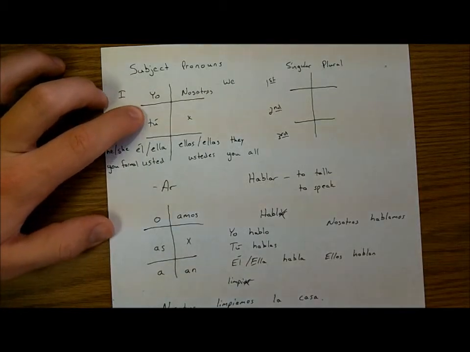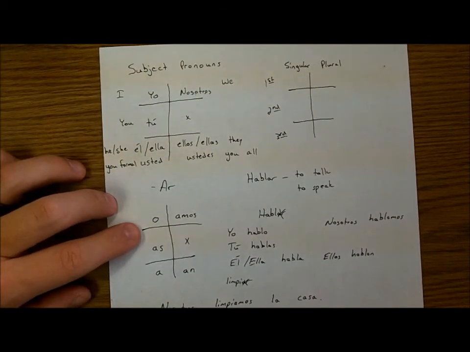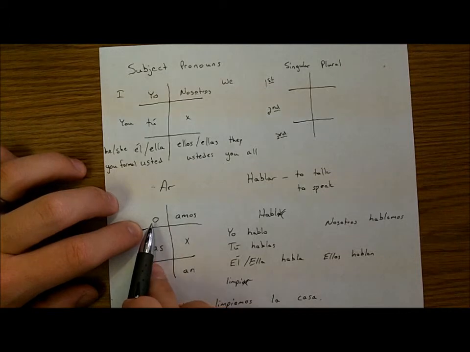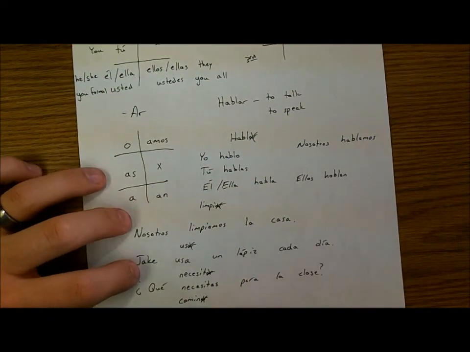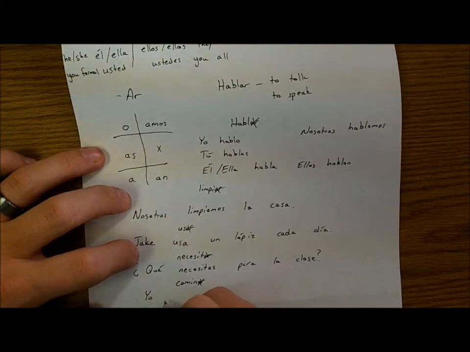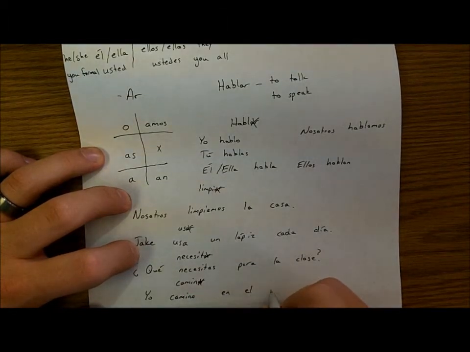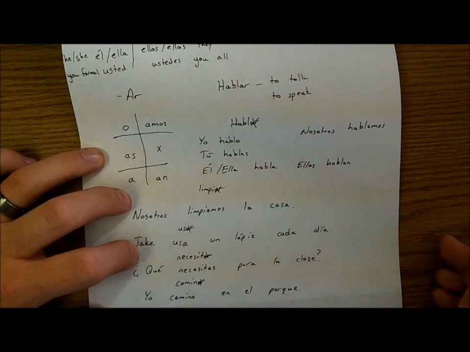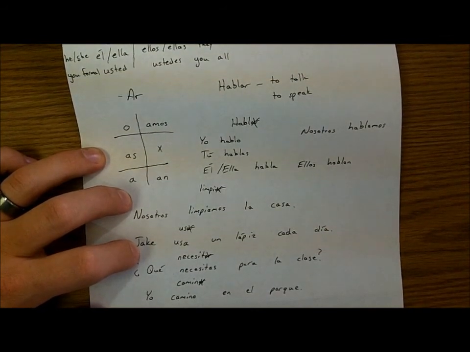The yo is in the top left, therefore we need the yo form of this one, so it's an O. So yo camino en el parque. And that is how you conjugate AR verbs. Now we'll move on to ER verbs.